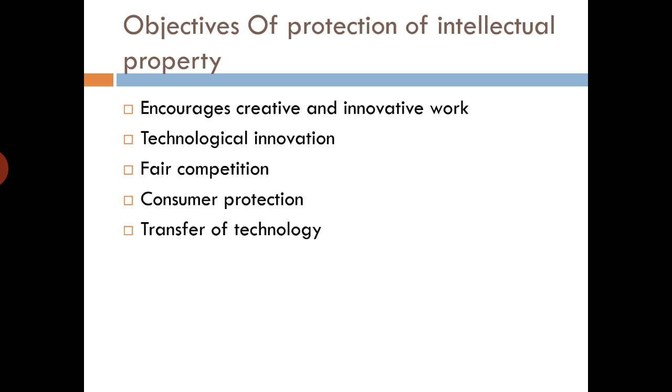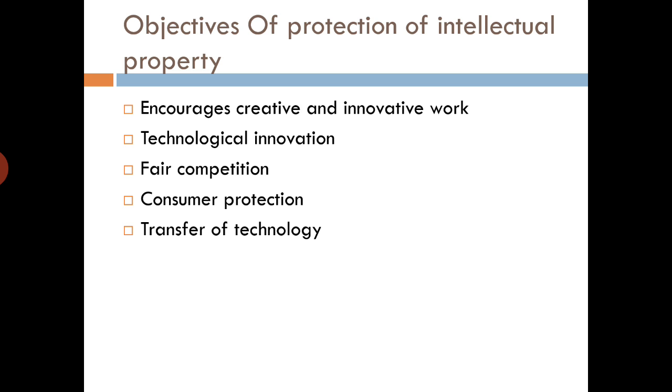It is a breach of consumer interest, right? So in order to protect consumer interest, intellectual property rights need to be protected. And duplicate products are not of the best quality, right? You are paying the money, but you are not getting the quality. So consumer interest is getting compromised.